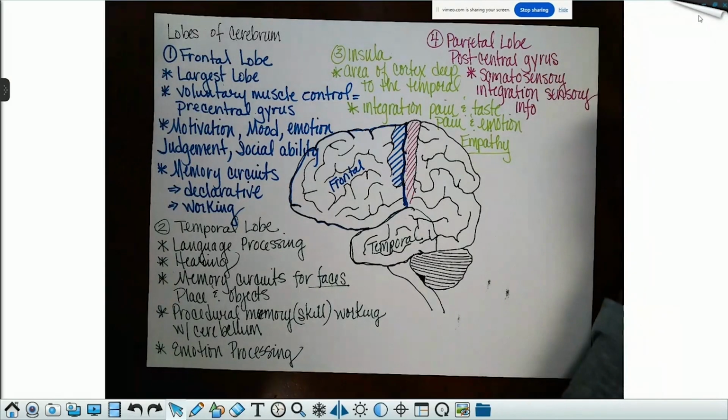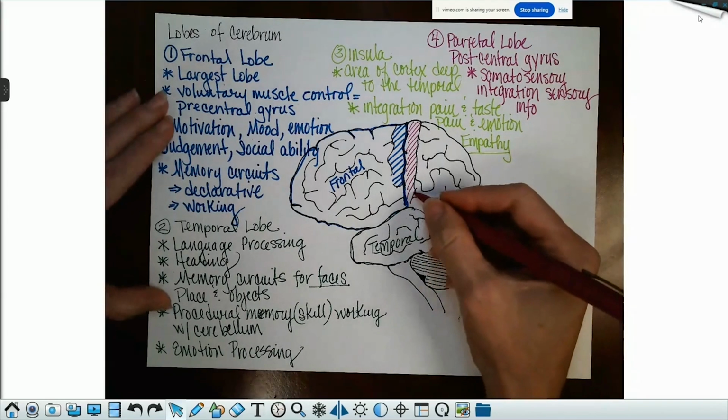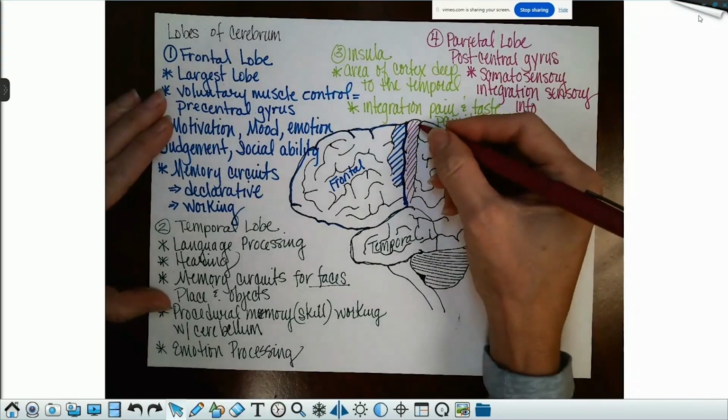So touch, pressure, tickle, vibration, hot, cold, all of that somatosensory information is coming into this part of the brain.